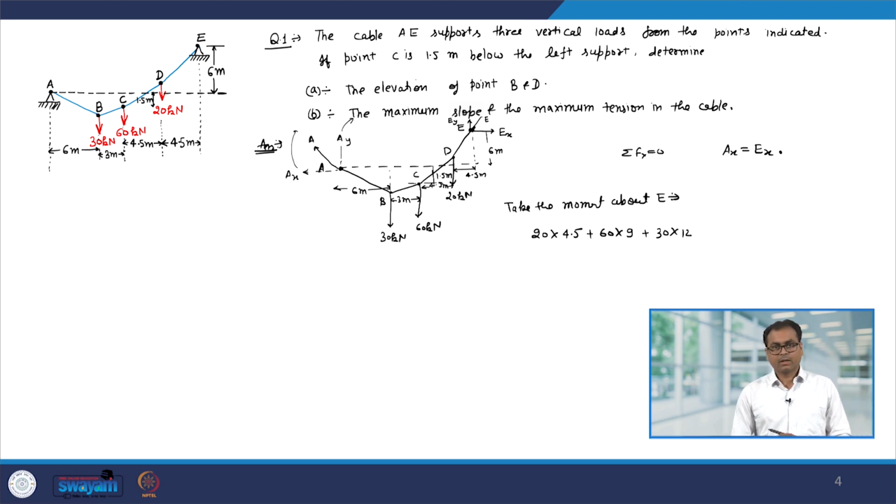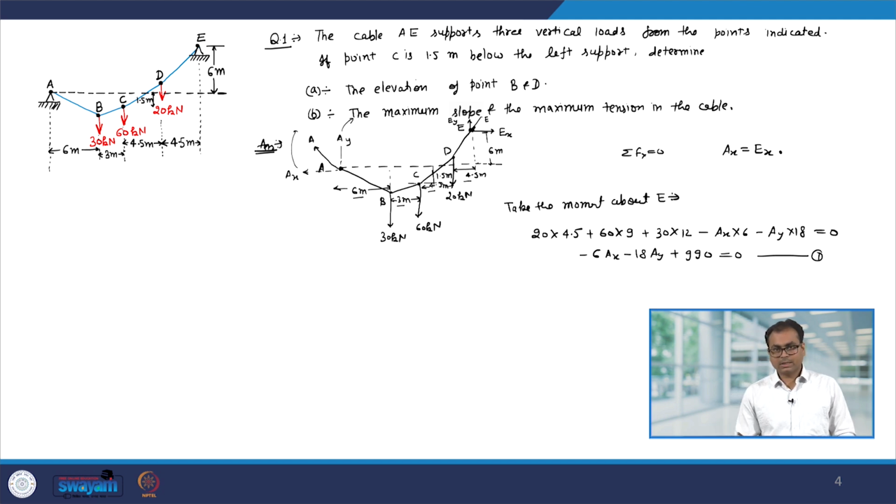So, these are in the clockwise direction, therefore it will be negative. So, minus Ax into the perpendicular distance, which is 6 meter, minus Ay into the perpendicular distance. So, this is 6 plus 3 plus 4.5 plus 4.5, which is 18 meter, and this is equal to 0. So, from here we get minus 6 Ax minus 18 Ay plus 990 equal to 0. Let us call it equation number 1.